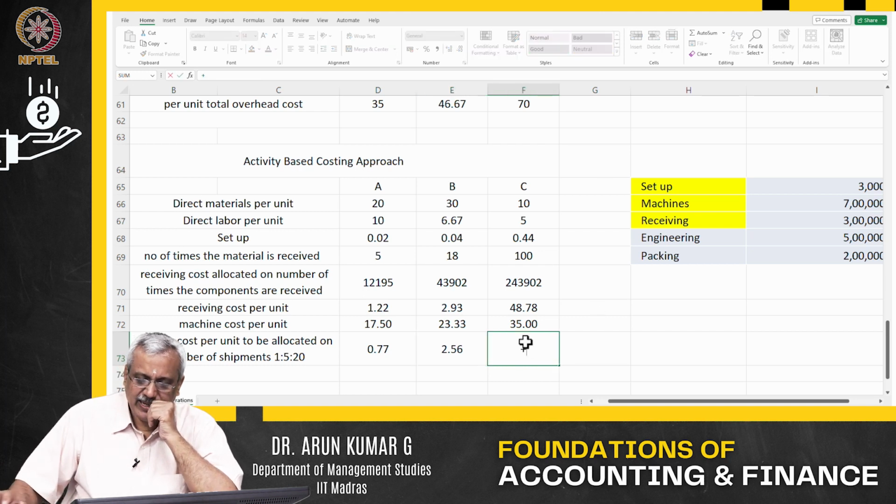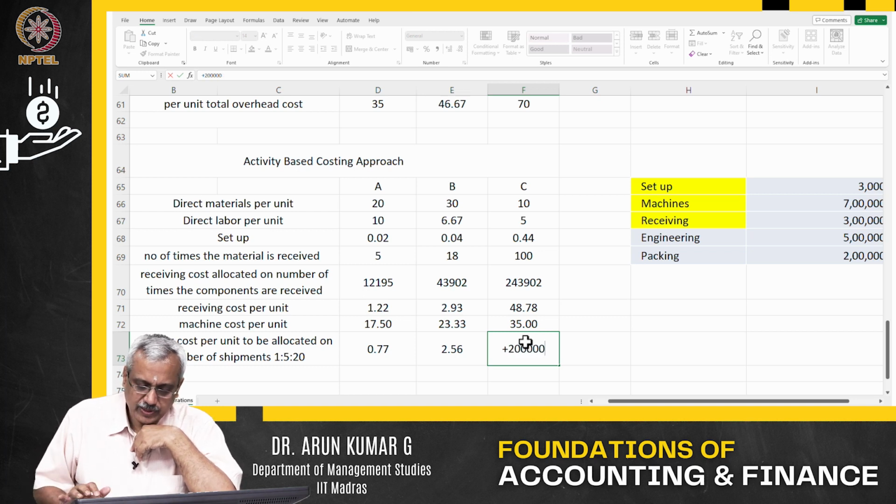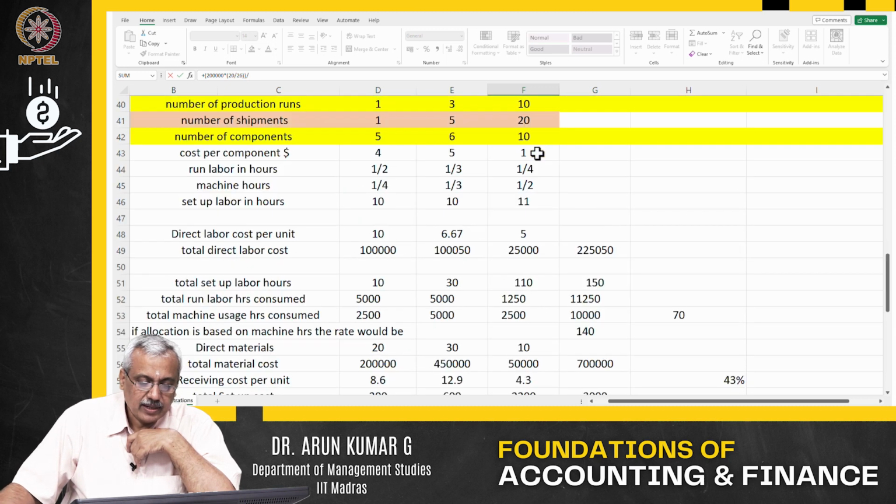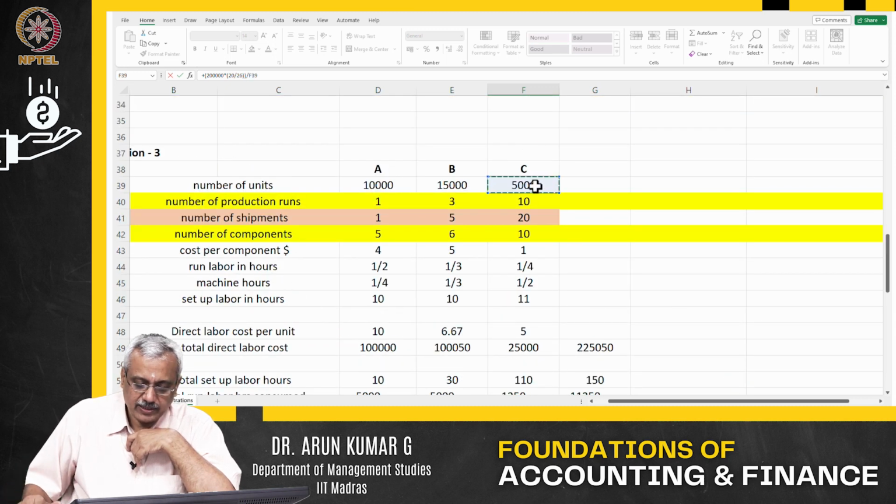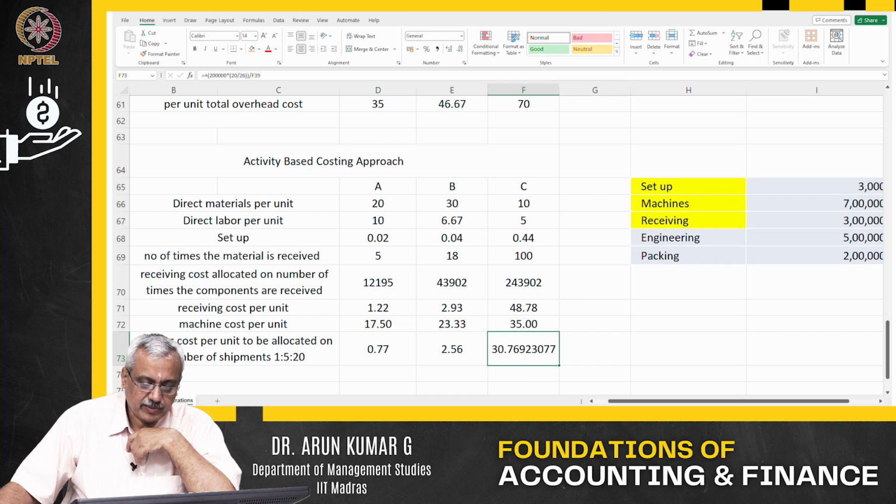Whereas in the case of C, 200,000 into 20 by 26, and the whole thing divided by the number of units of C. That is about 30.76 that we see here.